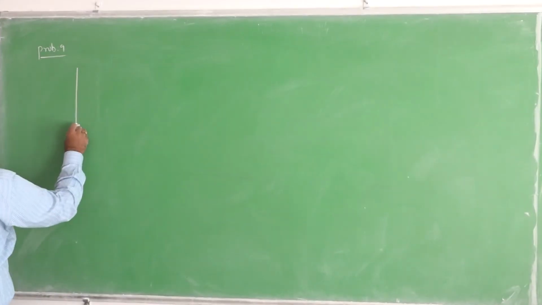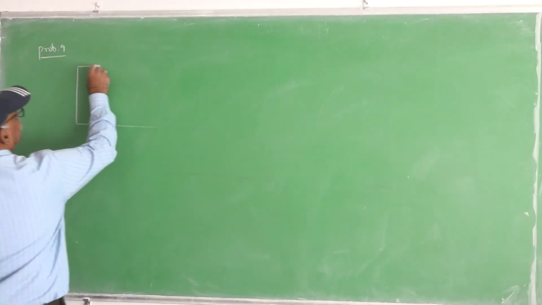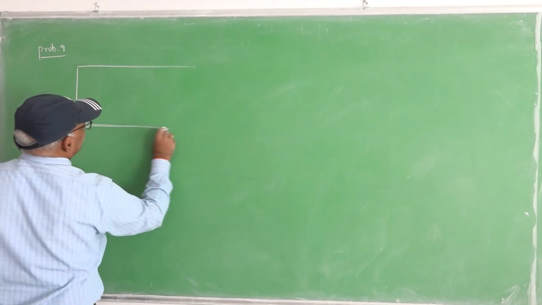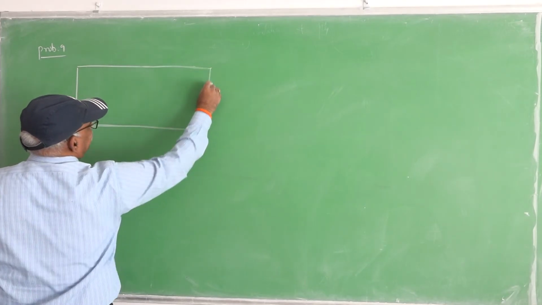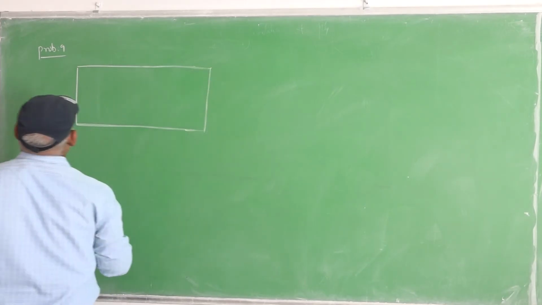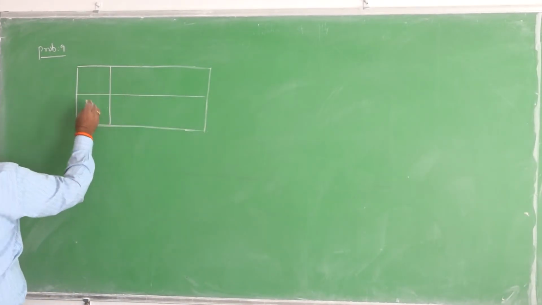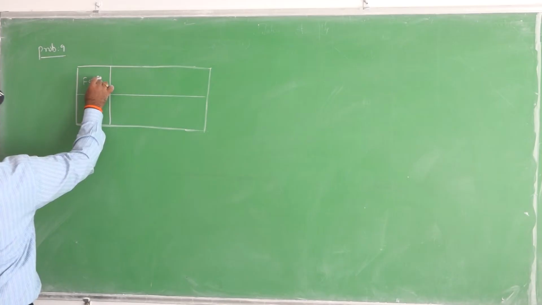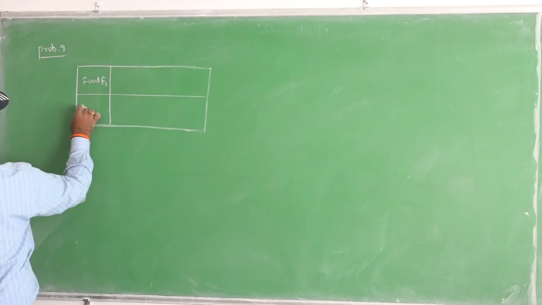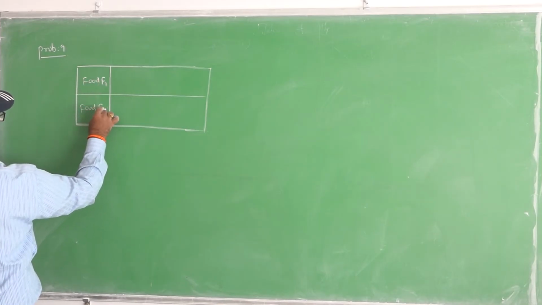Let us analyze this data in tabular form. We have two types of foods, food F1 and food F2.